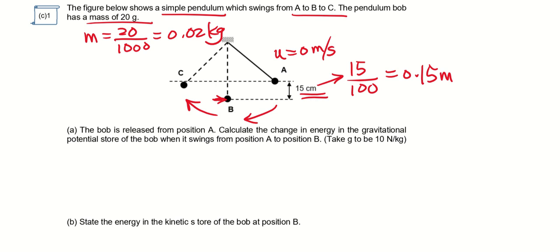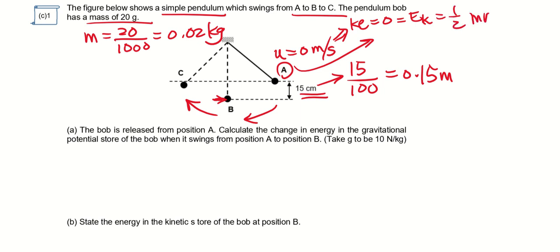So the energy at A, because the speed is 0, the energy in the kinetic store is 0. But because it's at a height above B, there's going to be energy in the gravitational potential store. Maybe for this I should write EK, because previously in the video I told you the formula for EK is half mv squared.